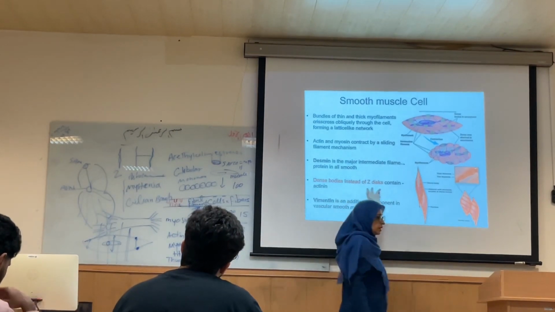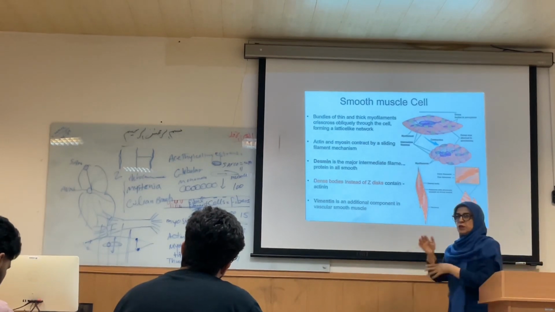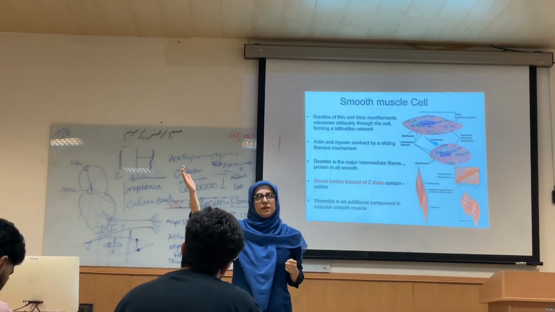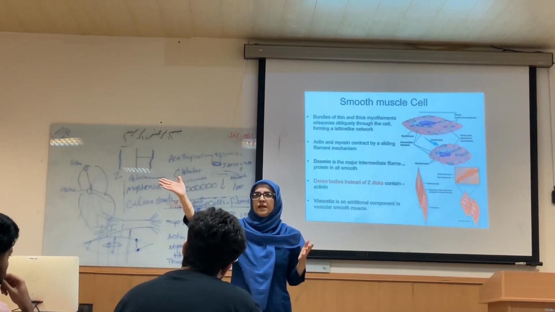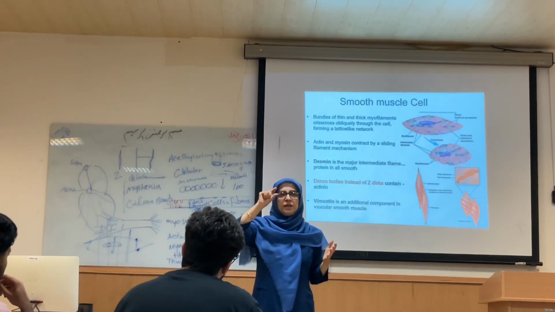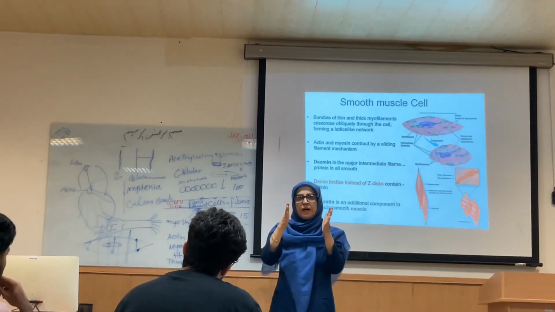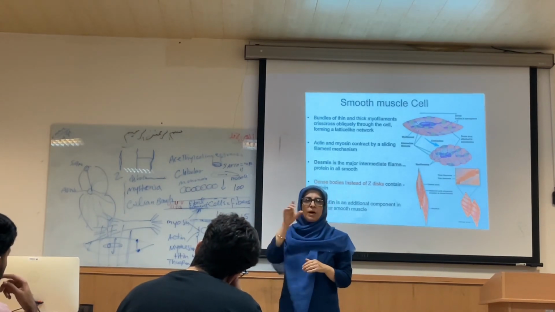Maybe this is a combination question. For example, one question may ask: the dense body, triad, and intercalated disc are in which muscle tissue. You should memorize that they are combined together.